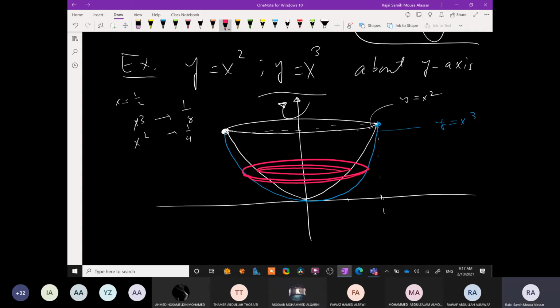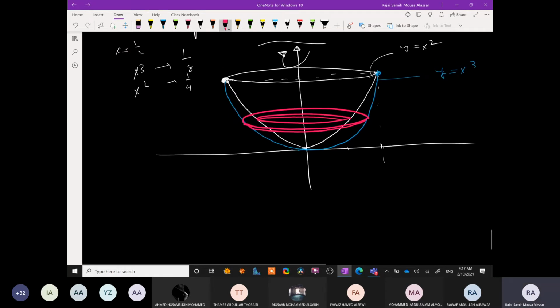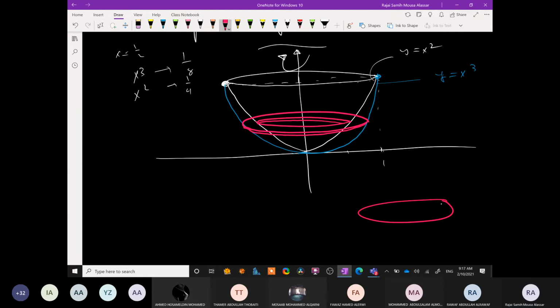So that's a sample. So let's isolate that. This is what you get.